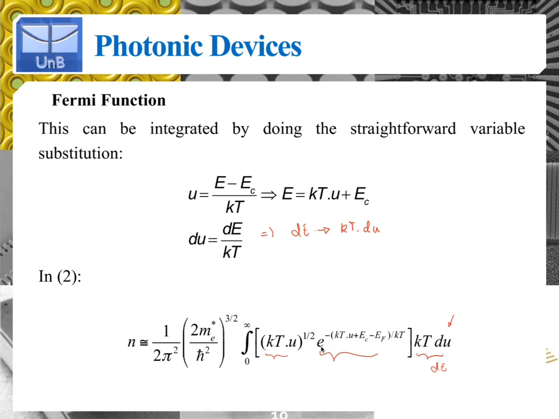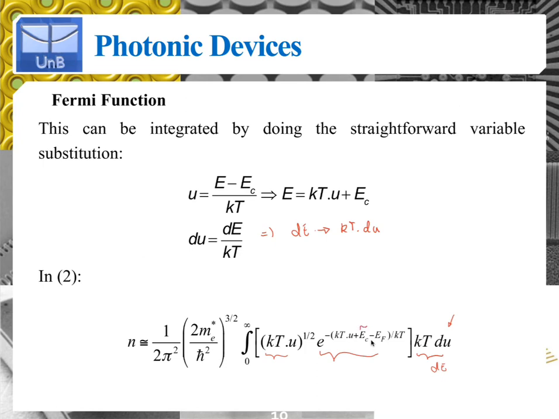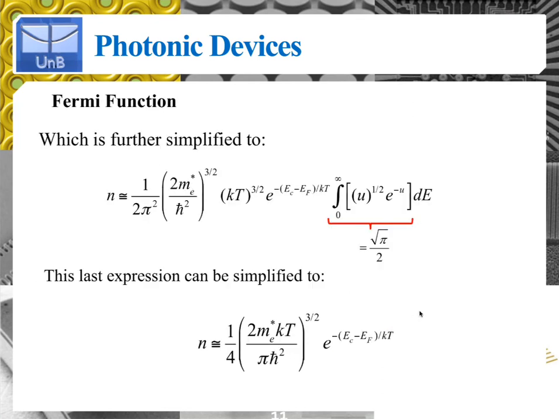E to the power of minus EC minus EF over KT can also come out. This KT can also come out. So KT times the square root of KT is KT to the power of 3/2. So KT to the power 3/2 came out of the integral. This guy right here, as I've said, e to the power of minus EC minus EF over KT came from this part right here, and it's not dependent on U, the new variable.